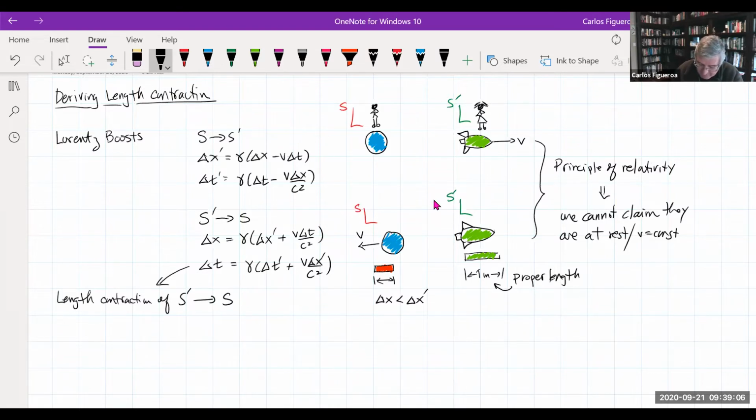That's what we mean by length contracted. But there's a subtlety here that we have to address. The assumption we make when we do this calculation is that the measurement is made of both ends simultaneously.